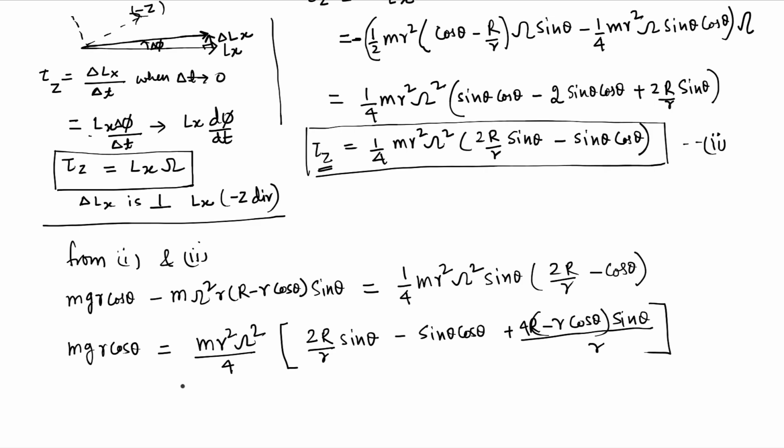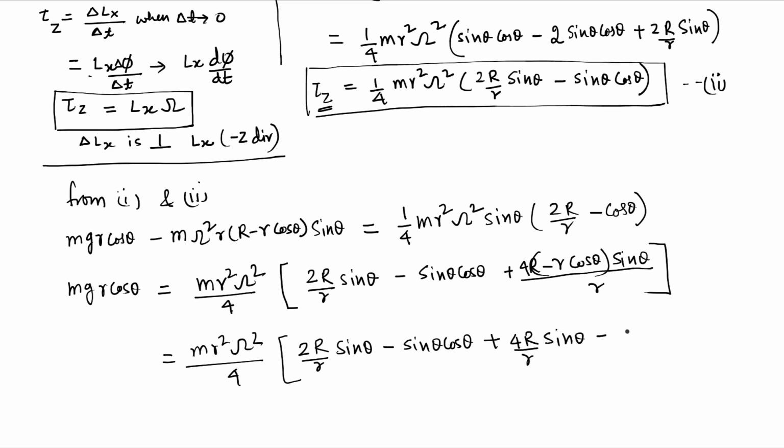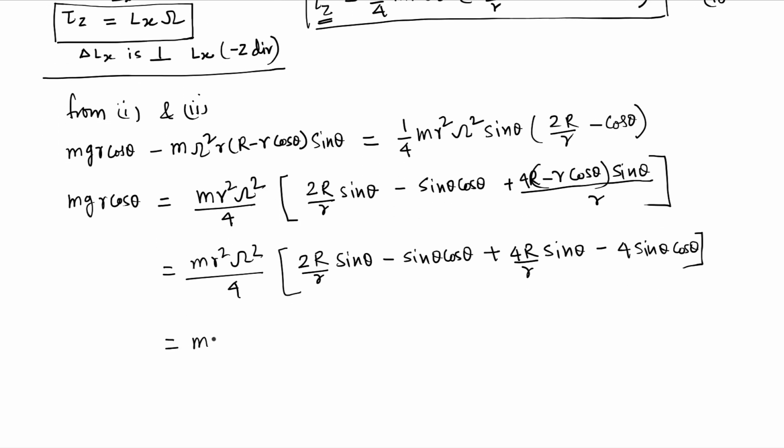Okay, so then this is equal to mr square omega square by 4 times 2r by R sine theta minus sine theta cos theta plus 4r by R sine theta minus 4 sine theta cos theta. Okay, so we'll just simplify further. mr square omega square by 4.